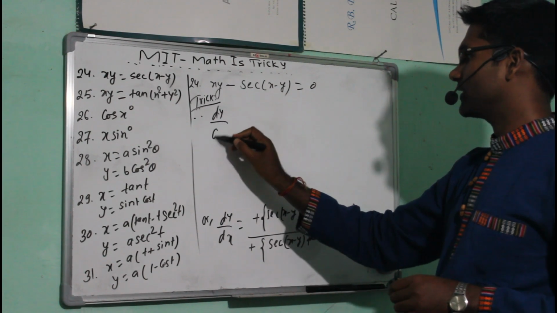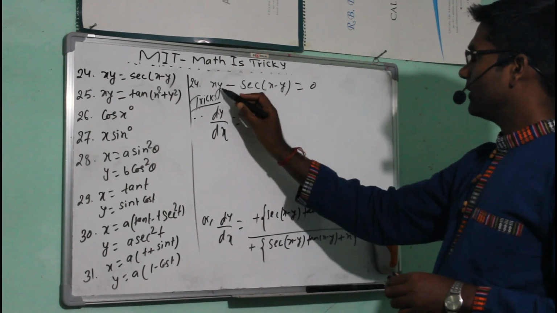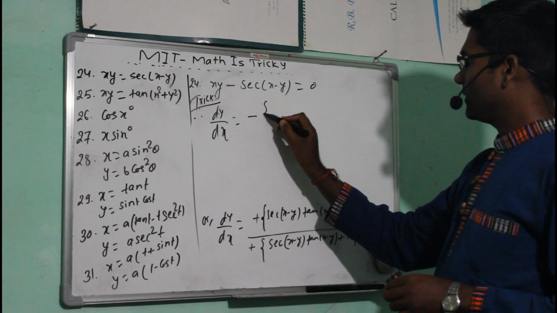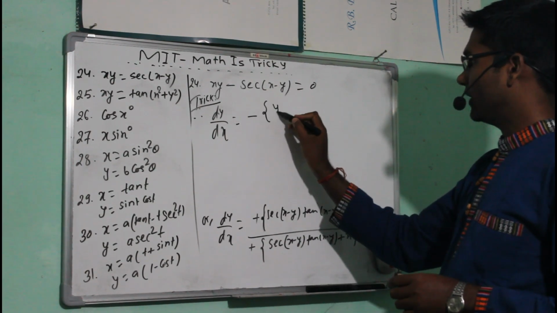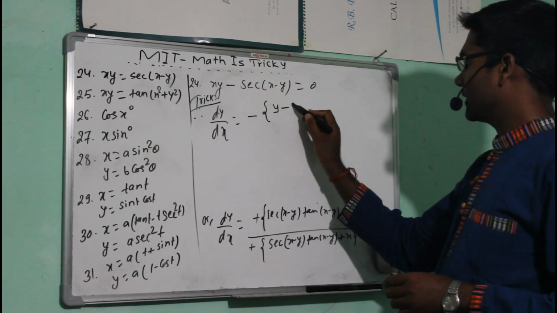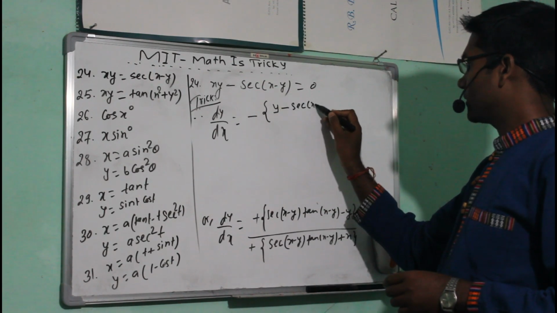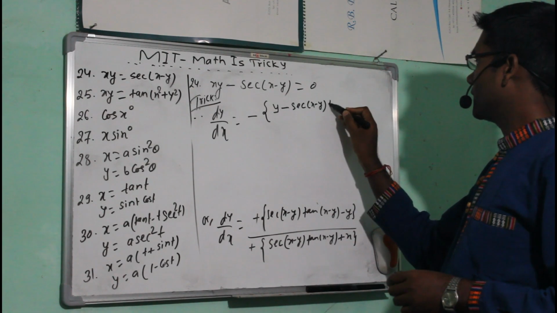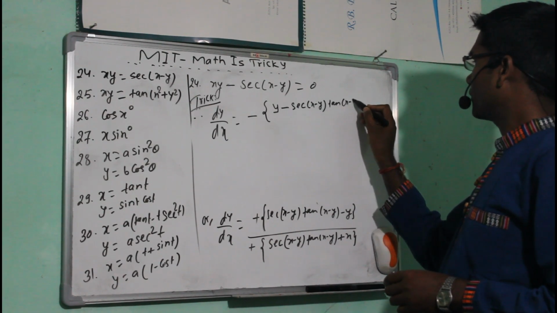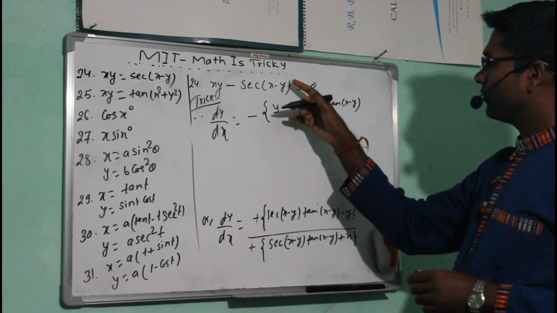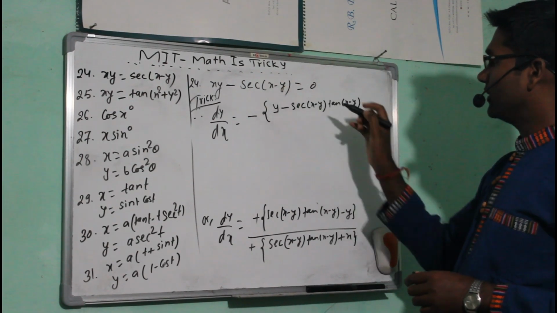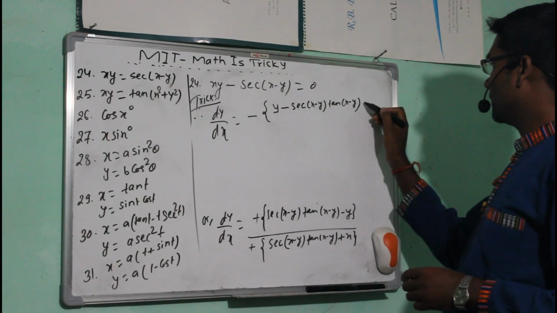Now dy by dx equals how much? The derivative of this minus the derivative of this with respect to x. So it will be simply y minus sec x minus y, and then tan x minus y, the derivative of sec x tan x, and then the derivative of x minus y with respect to x, which will be simply 1.